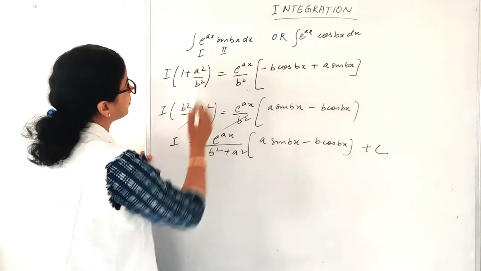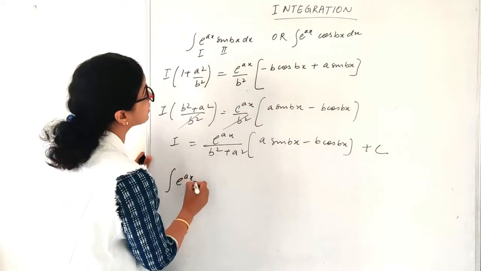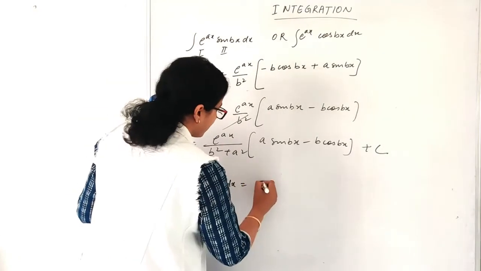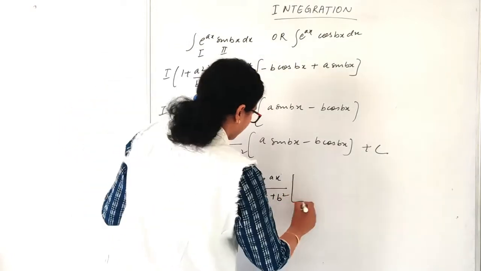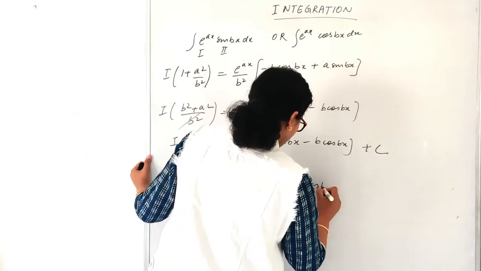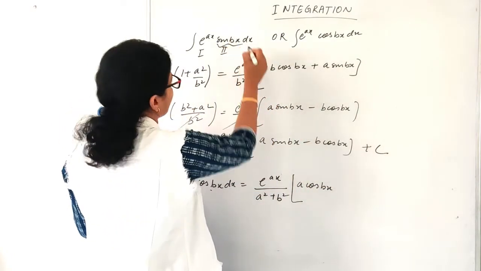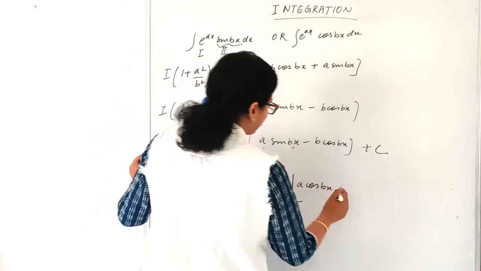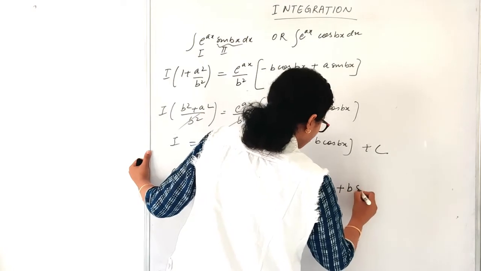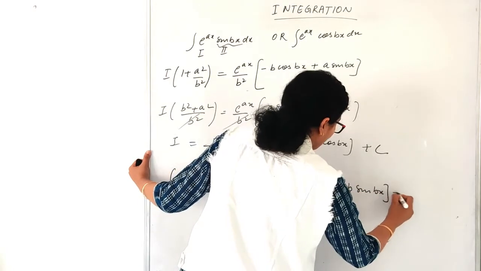And the formula for that will become, please take the symmetry, e to the power ax written as it is, over a square plus b square, then a cos bx. Look here it was sin bx, so a sin bx, so here a cos bx, and the integral is written here, so plus b sin bx plus c.